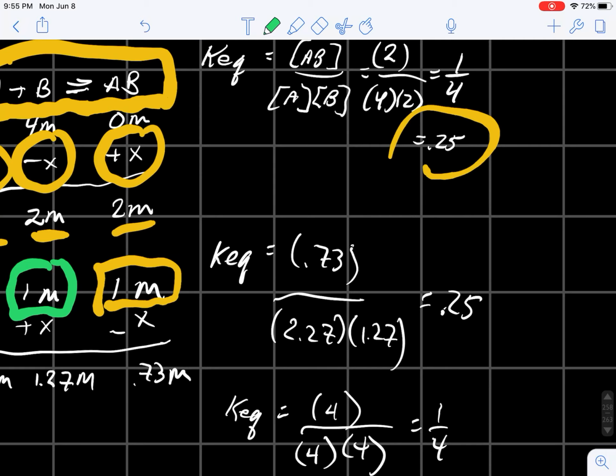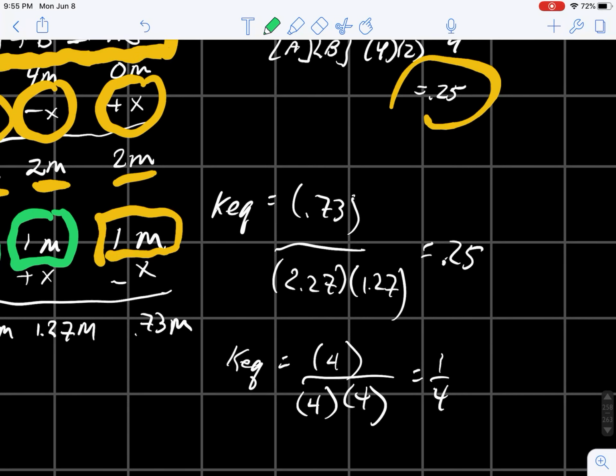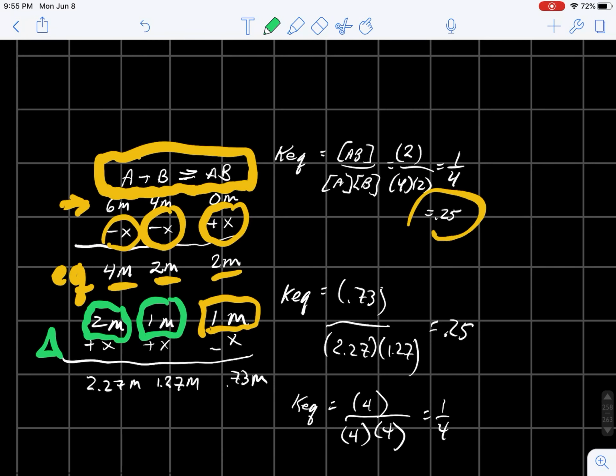So my 0.73 for my products divided by 2.27 and 1.27 for my reactants still gives me 0.25. So that number stays the same. So we would say that the position here lies to the left. It favors reactants. However, the position of the equilibria depends upon the actual numbers that make up that KEQ.